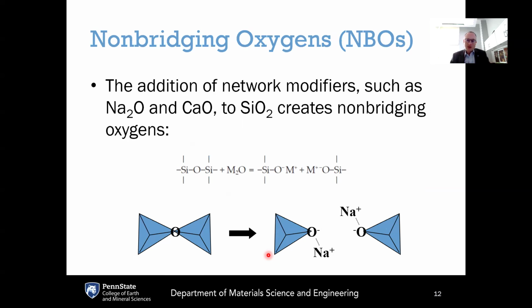Now, the way that the melting temperature of the glass is lowered, and this is also the reason why the thermal expansion coefficient goes up, is that these additional components in the glass, the sodium and the calcium, act to create non-bridging oxygens. Let's consider an alkali oxide M2O, such as sodium oxide.